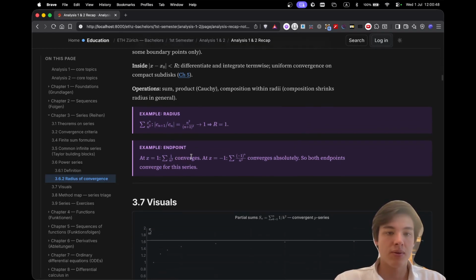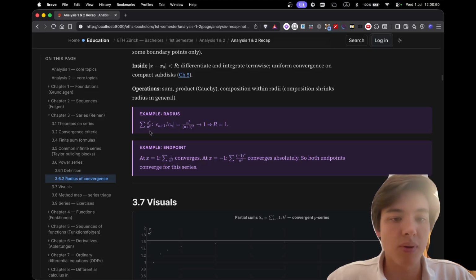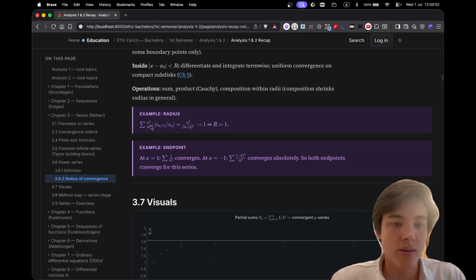Let's see an example. x to the power of n over n squared. If we take the n plus 1 term over the last one, we get this.